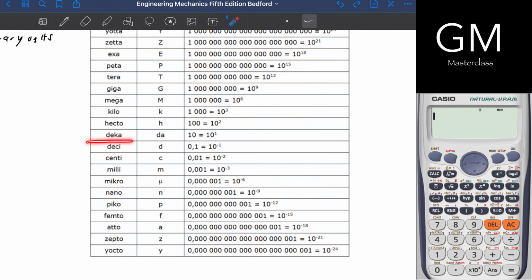When you have the unit on the below part of the chart, you'll find minus 1, minus 2, minus 3, and from that point you'll have to add 3 by 3, so minus 6, minus 9, minus 12, minus 15, minus 18, minus 21, and minus 24.